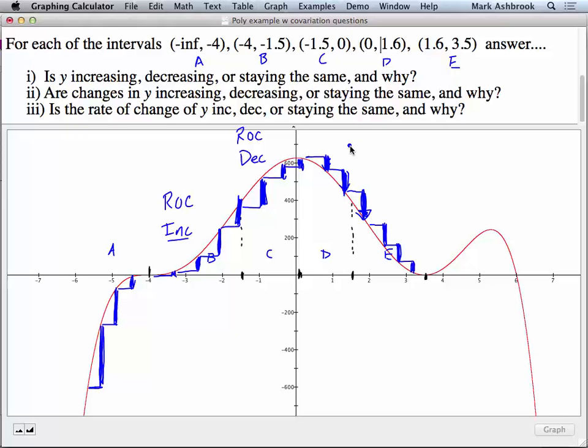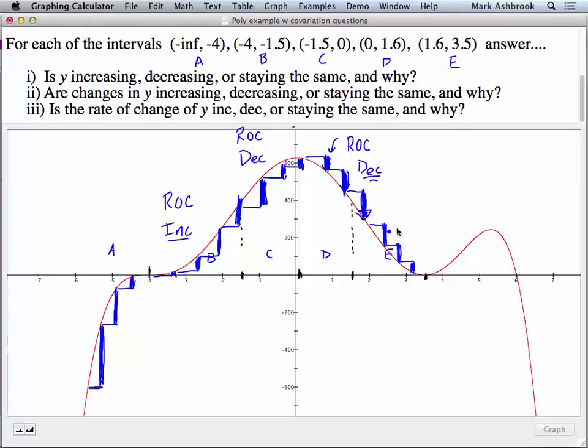This is decreasing changes. Therefore, the rate of change is decreasing in D. Negative changes that are becoming more negative are decreasing changes. Therefore, our rate of change is decreasing.